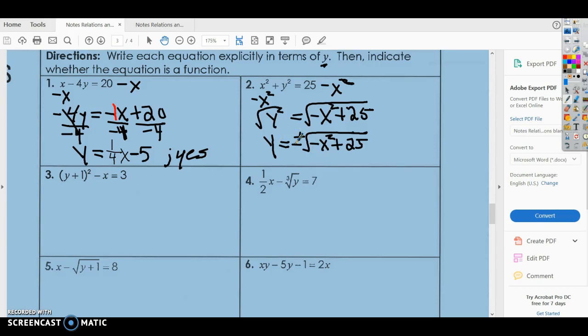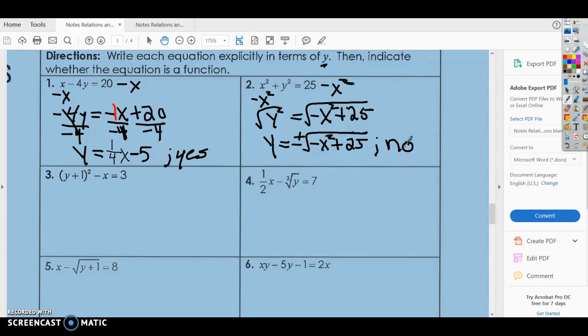But because it's not, that's as far as you can go. So we're done. So if you graph that, you can see that that does not pass the vertical line test because that's basically a parabola reflected on the x-axis. So it's going to be a sideways parabola. So that is not a function. Okay.